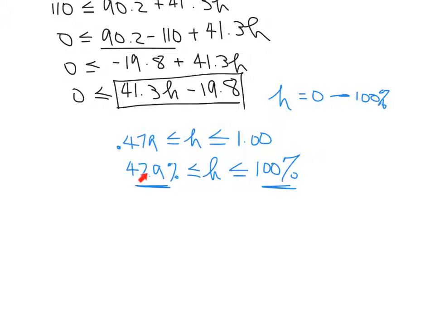So it starts at 110 at 47.9 and will keep rising until it's at 100%, which obviously is going to be greater than 110 degrees apparent temperature. So the humidity has got to be somewhere in there. When you have the graph, you can see that.